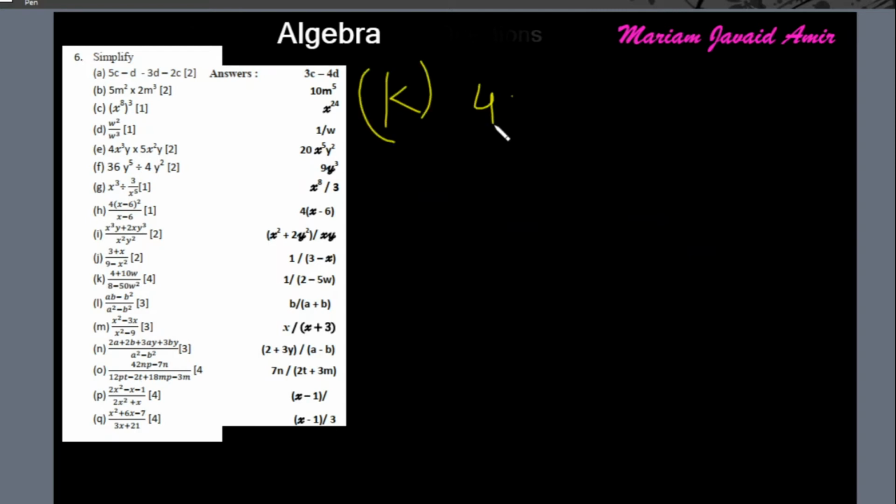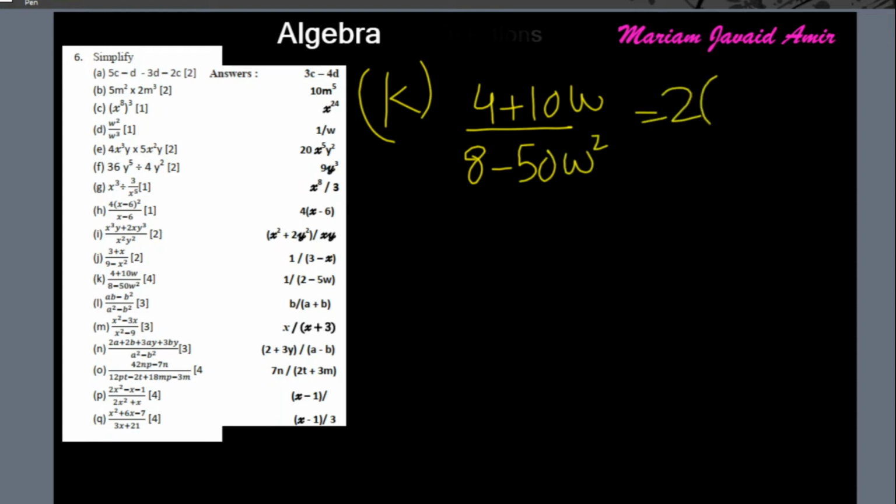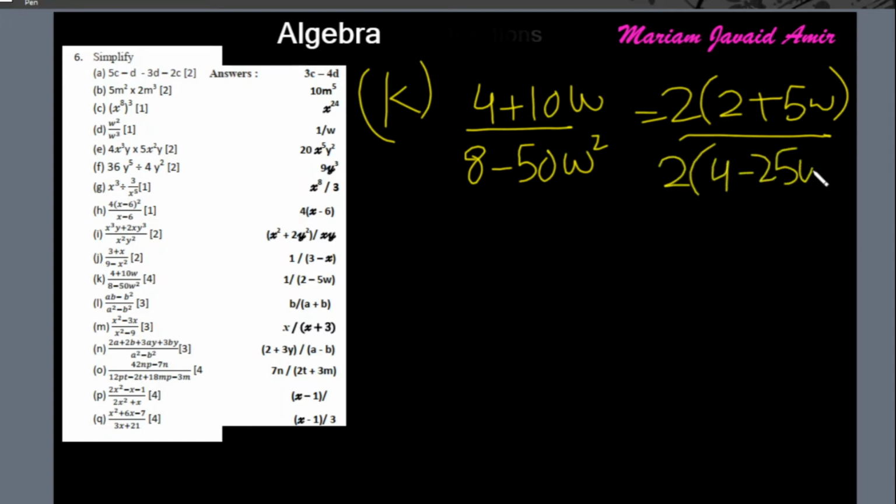Okay. Part K is 4 plus 10w over 8 minus 50w square. In the numerator we can take 2 common: 4 divided by 2 is 2, plus 10 divided by 2 is 5w. In the denominator, we can take 2 common, and 2 can be taken common again, and we're left with 4 minus 25w square.